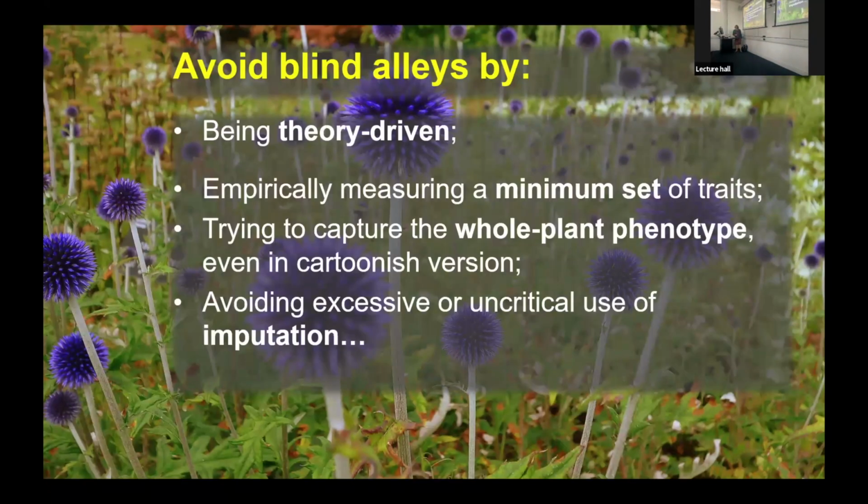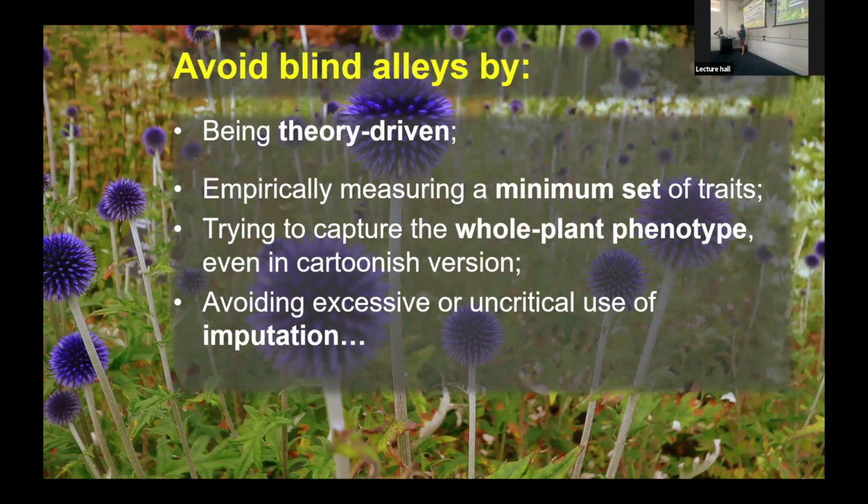So some thoughts in order to try to avoid or ameliorate these blind alleys. First, good old-fashioned, be theory-driven. Have a clear theory to test and don't use traits that your theory cannot explain.